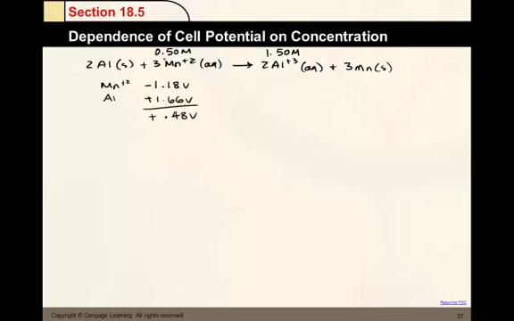If it shifts to the left, there's going to be less product produced. What would that do to voltage? Well, remember, voltage is produced if the reaction can go as seen here. If the reaction shifts to the left, the reaction can't go in the direction you see here, and therefore voltage should decrease.